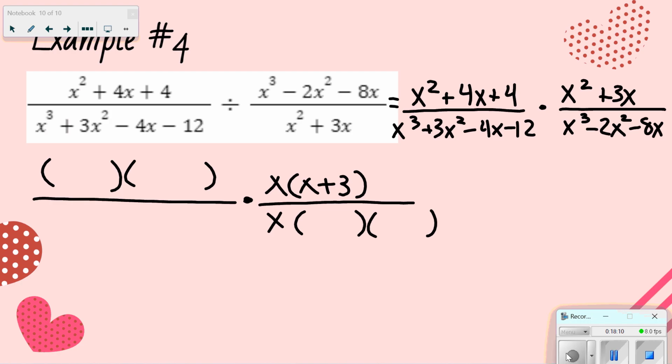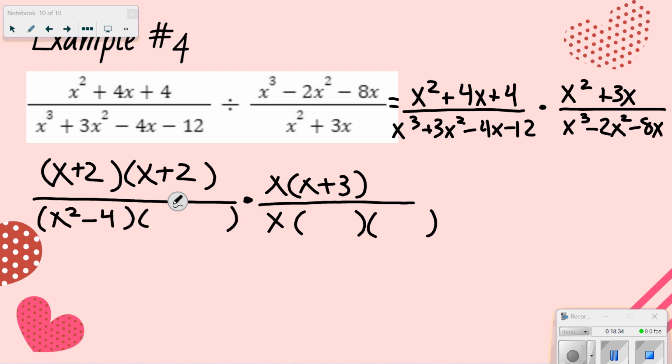What will our first fraction's numerator factor into? x plus 2 and x plus 2. What about our first fraction's denominator? What did you guys find that to factor into? Did anybody find it to be x squared minus 4 and then x plus 3?